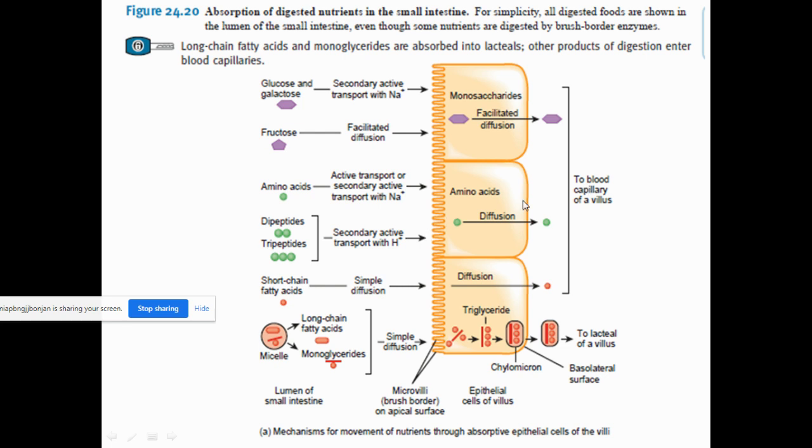This is how you have to see. Absorption is a process where all the individual components of the nutrients, that is glucose, galactose, fructose, amino acids, dipeptides and tripeptides, and fatty acids, both short chain and long chain, and monoglycerides are absorbed.